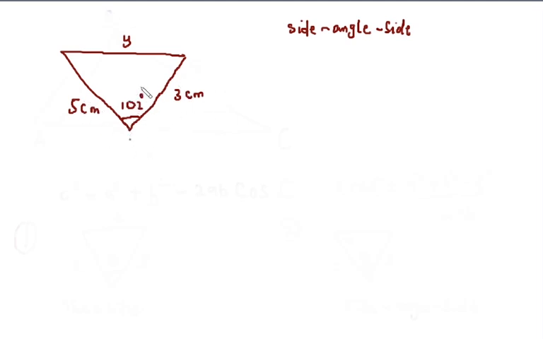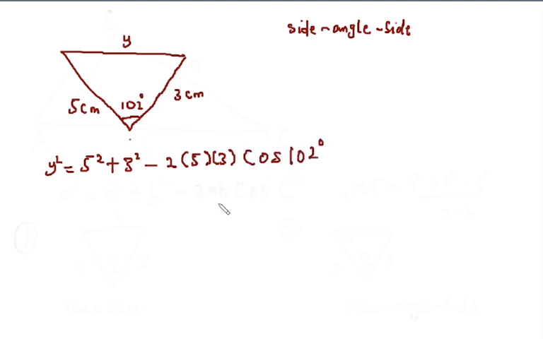The cosine rule for this: y squared is equal to the squares of the other two sides, so we have 5 squared plus 3 squared, and then minus 2 times the other two sides, 5 times 3, and then cos of the angle opposite y. So this is cos 102 degrees.